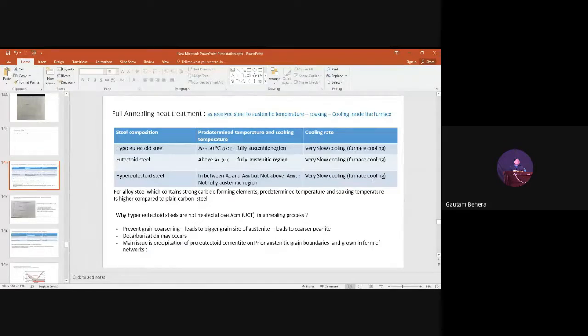So the entire prior austenitic grain boundary will be covered by this cementite precipitate, right? That is the main issue actually. That basically depends upon the slow cooling. Slow cooling means we are giving a lot of time for the precipitation to happen on the grain boundaries and for the growing of the cementite networks.